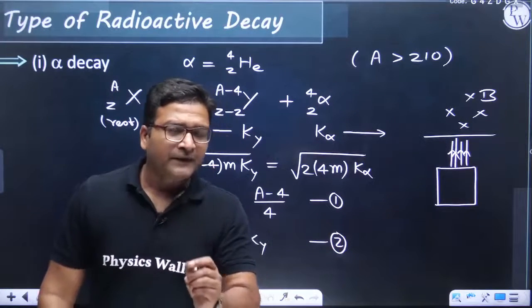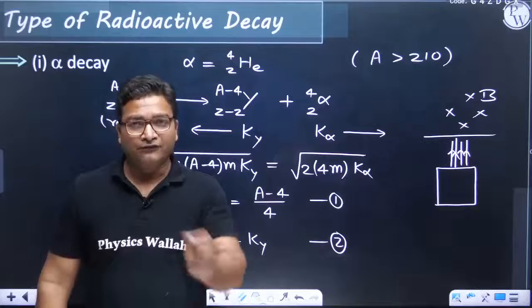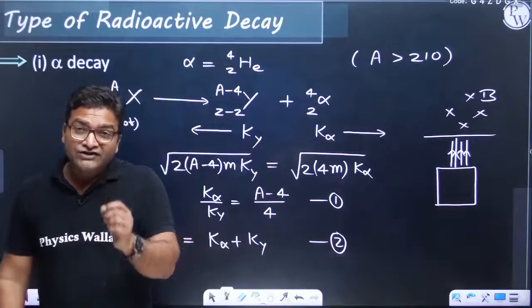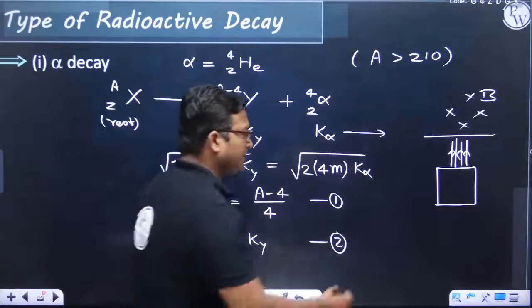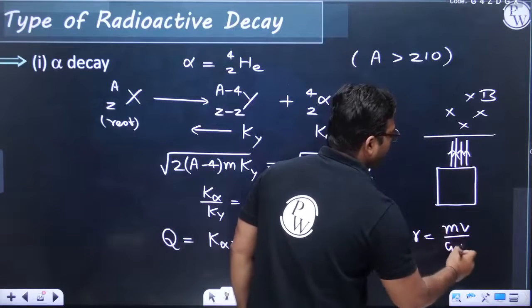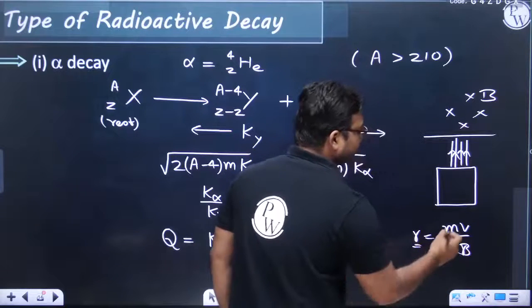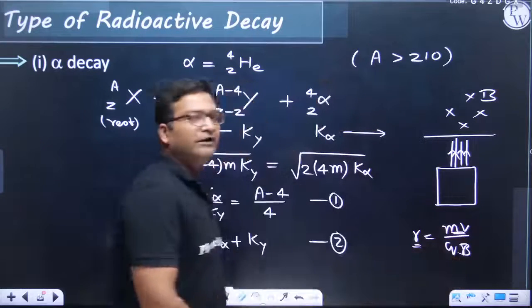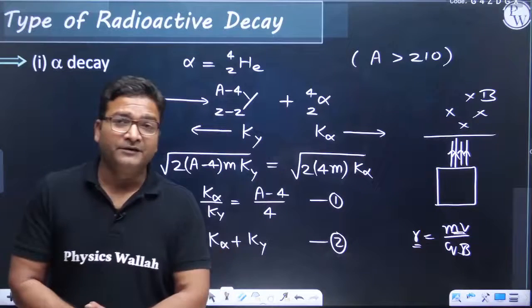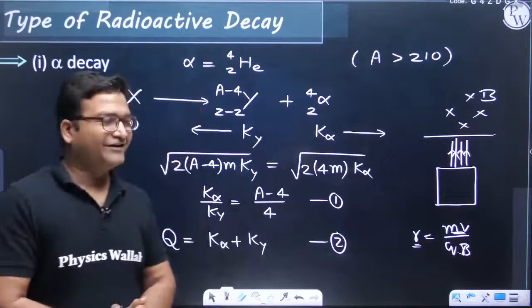And we see equal radii of circle for each particle, and equal radii ensures equal momentum because R equals mv upon qB. So equal radii ensures equal momentum, equal speed and equal energy. That confirms every alpha particle is emitted with equal kinetic energy.